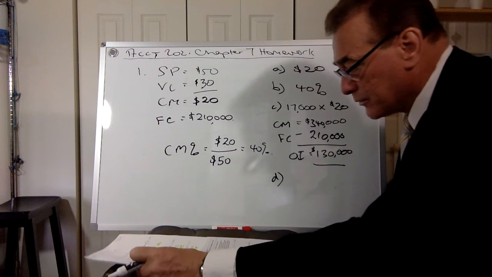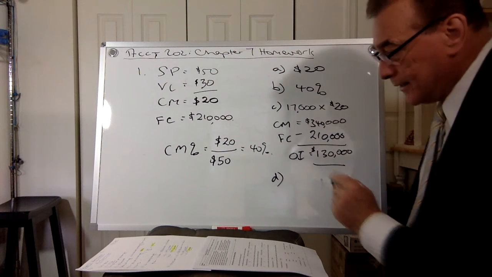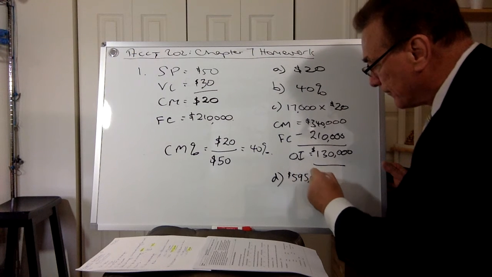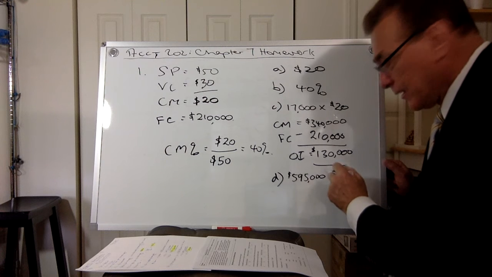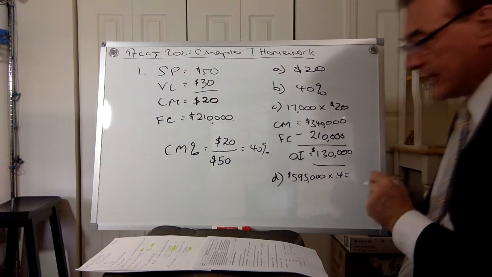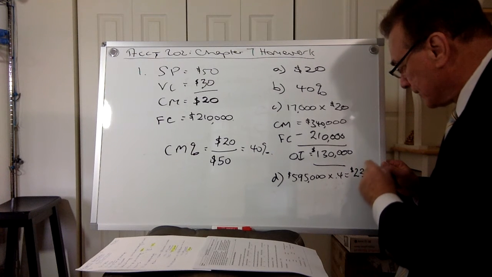Now for D, use the monthly contribution margin to project operating income if monthly sales revenue totals $595,000. The way to do that is you take the 595,000 sales and you multiply that by 0.4 to get your contribution margin in total. So that's 238,000.